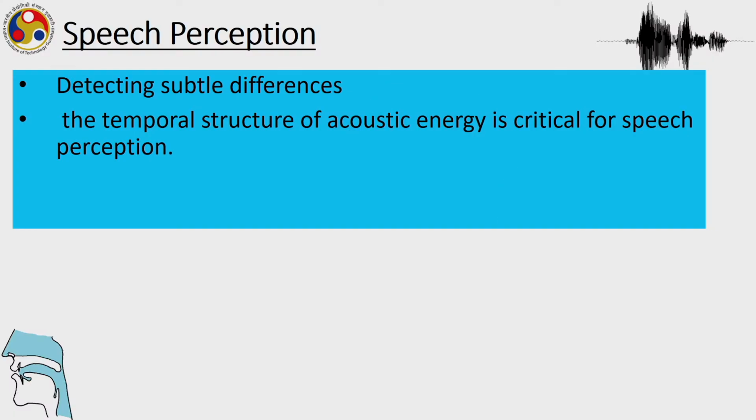So, we saw that the acoustic phonetic invariance idea, that one phoneme will always have specific acoustic cues associated with it, cannot be true, because we saw with the example of the D that depending on the vowel, the formant transitions are very different. The temporal structure of acoustic energy is critical for speech perception. So, apart from the spectral shape, the temporal structure is also important for speech perception.